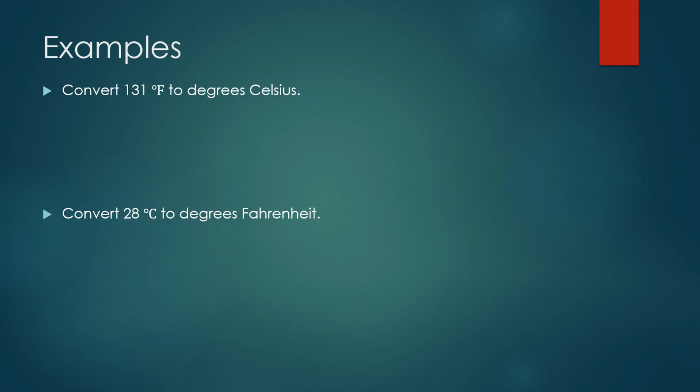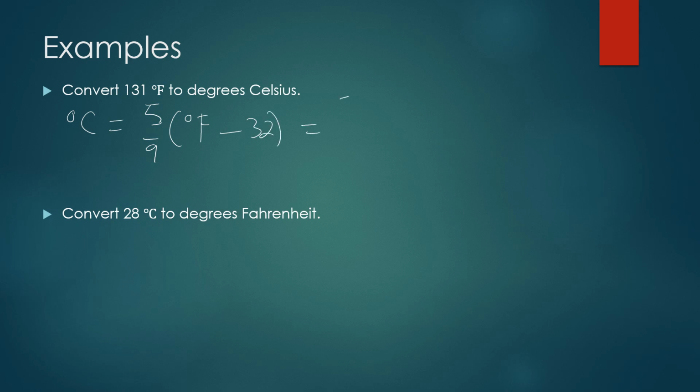Let's practice. Let's suppose we want to convert 131 degrees Fahrenheit into degrees Celsius. By the formula, the Celsius degrees is equal to 5/9 times the quantity of the measurement of Fahrenheit minus 32 degrees.